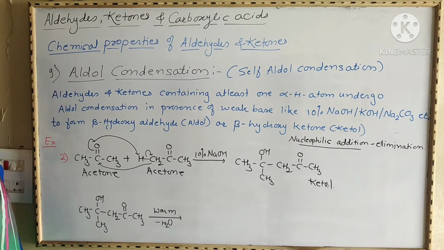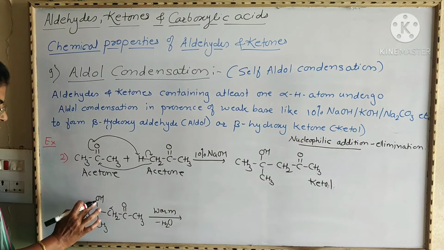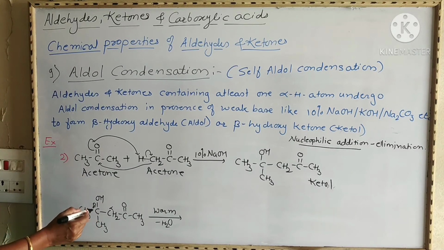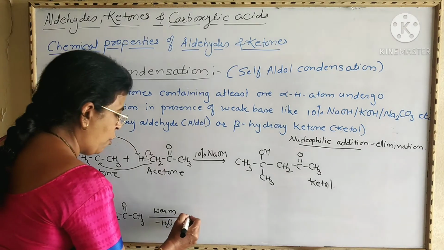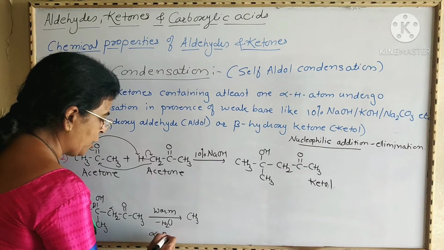Here removal of H2O takes place from the alpha carbon atom and from the beta carbon atom. That is, from the beta carbon atom the OH group is removed, and from the alpha carbon atom a hydrogen atom is removed. Here alpha beta elimination is carried out.